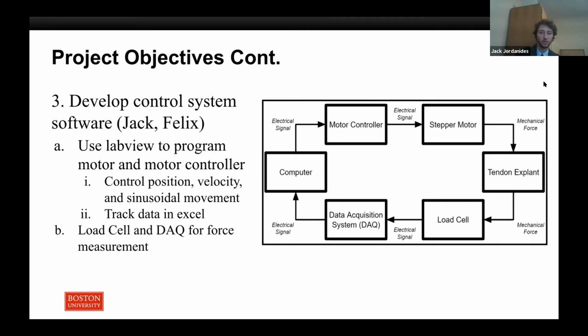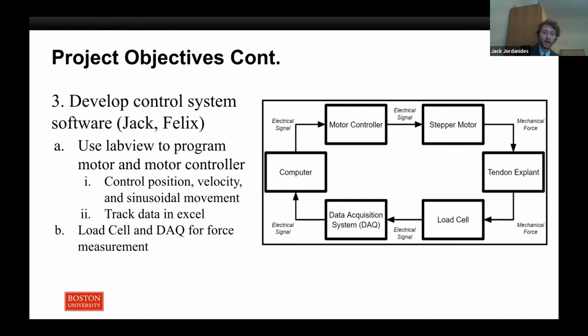We also wanted to be able to move the motor in a sinusoidal fashion, so alternate between tension and compression in the same cycle. And we wanted to be able to track the position data in real time and also export that position data to Excel with timestamps for any kind of later analysis.